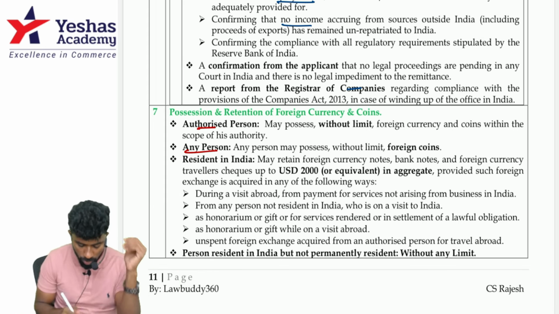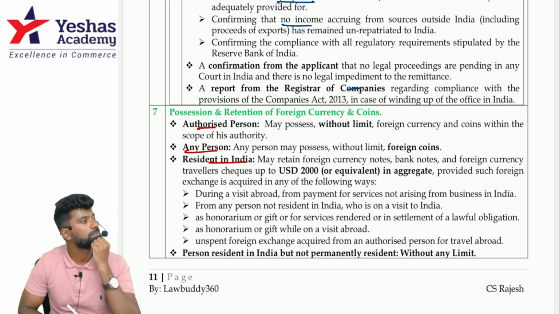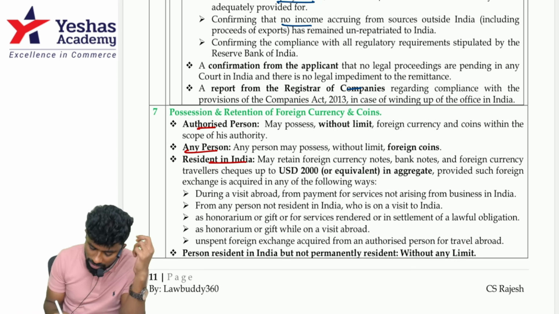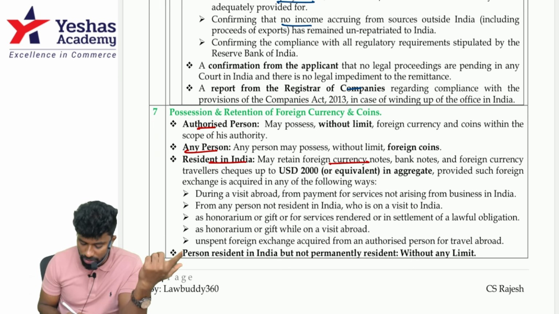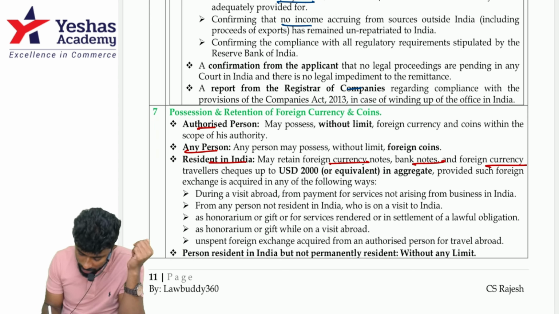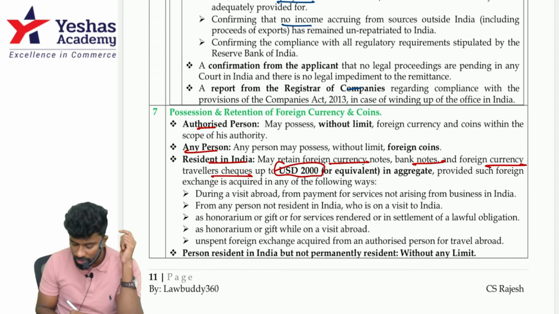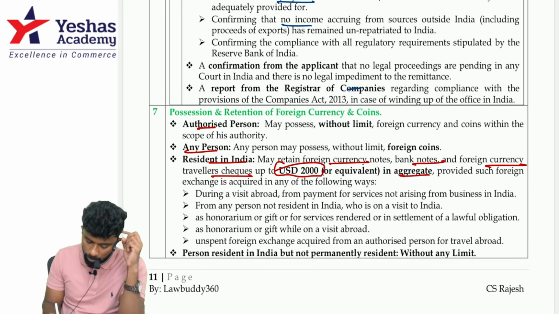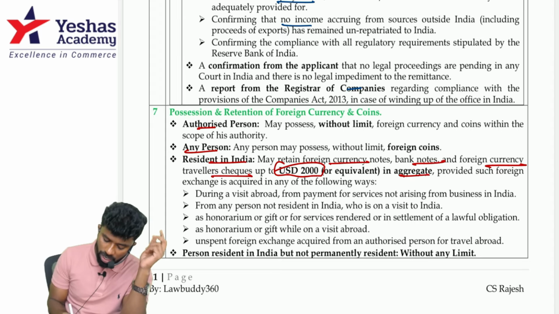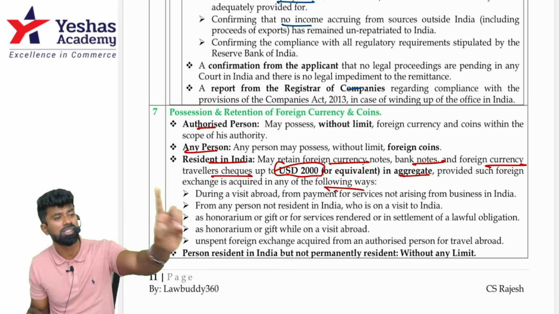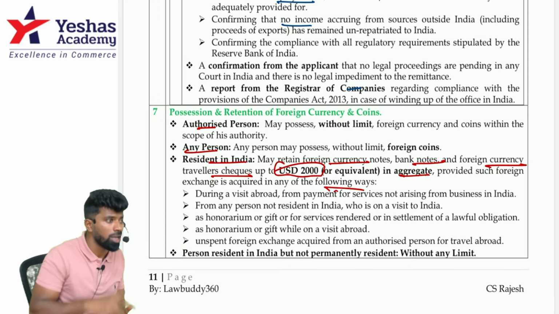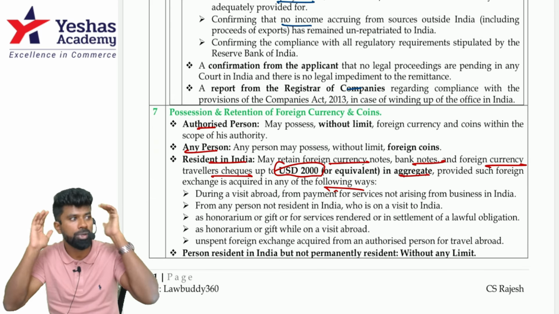Clear. Next one, a person resident in India may retain foreign currency notes, bank notes, and traveller's cheques up to how much? US dollar 2000 in aggregate, provided such foreign exchange was acquired in the following ways. Simple, say simple. The moment I ask a question about retention of foreign exchange, what should come to your mind?